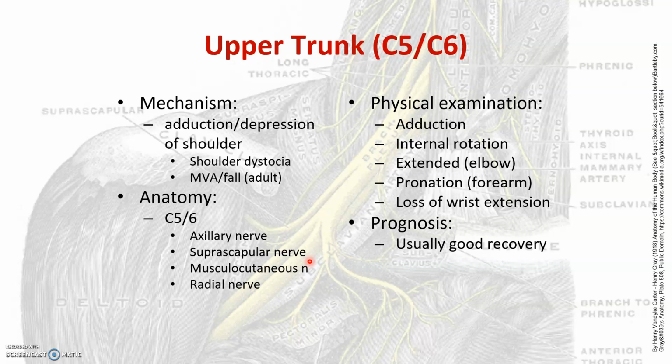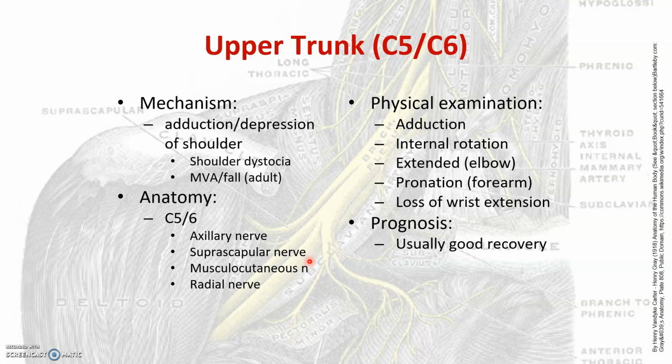The axillary, suprascapular, musculocutaneous, and radial nerves are affected, and on physical examination, the limb is in the typical waiter's tip position, with the shoulder adducted, the upper limb internally rotated, the elbow extended, the forearm prone, and there's loss of wrist extension.